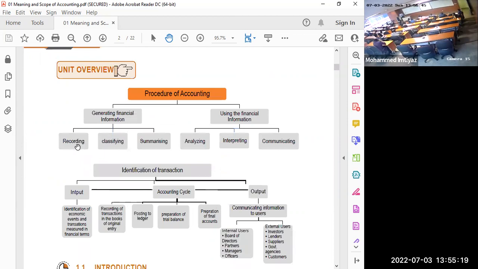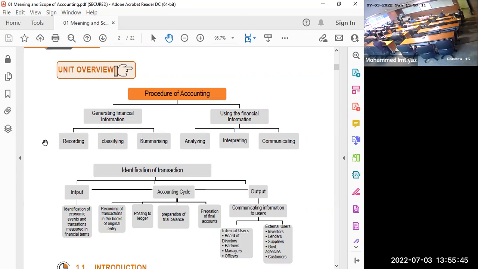This we already studied. Recording, the theory we studied. We did not study about how to record, but we studied about the procedure of accounting. We have to identify the business transactions, and we have to record them in order to classify them, summarizing them. After summarizing, we need to analyze the business financial data.